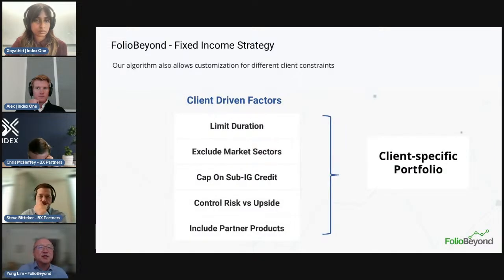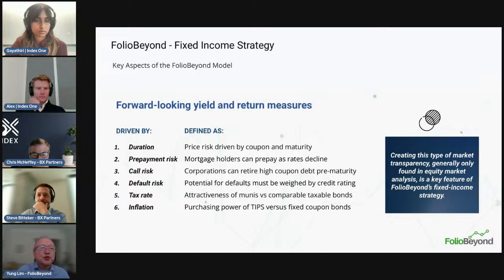And the next slide shows some of the drivers of value. If you can switch to the next slide. So first of all, value is defined by forward-looking income or yield. And believe it or not, some people still make the mistake of just looking at historical returns to ascertain value in fixed income. That can really get you in trouble.